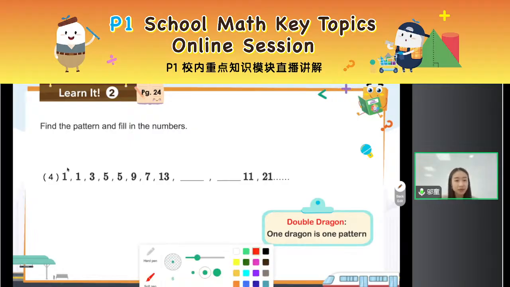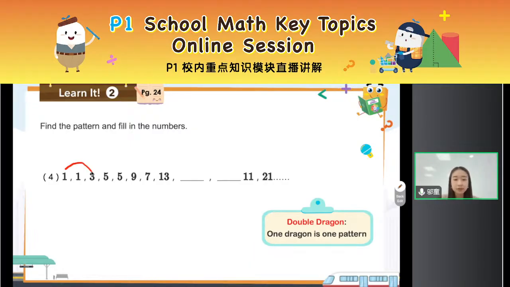Let's check it. 1 to 3, 3 to 5, 5 to 7, then 7 to how many? Yes, because every time the difference increased by 2. What's 7 plus 2? We got 9. We still plus 2 to arrive at 11.